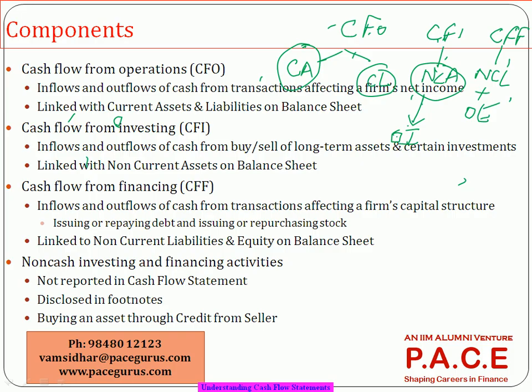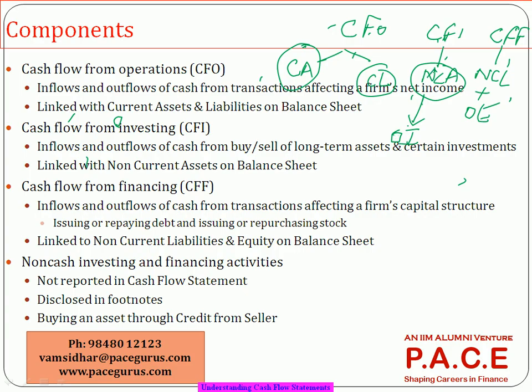If I am investing somewhere, I'll get either interest or some dividend. They go as part of other income. So whichever benefits come because of non-current assets in the P&L statement, even those we take into cash flow from investment activities itself.